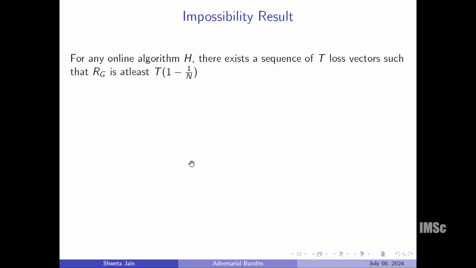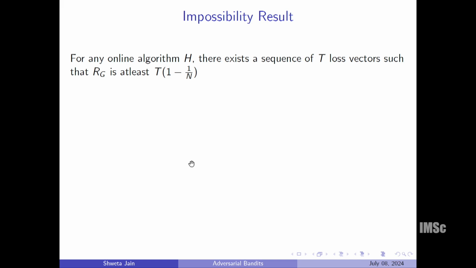Okay. Now, my first result says that even for a probabilistic algorithm, whatever you do, so what I am doing is I am coming up with the probabilistic online algorithm, and the algorithms which I am competing against are still deterministic. Okay, but they are very strong, that means with each time they may associate a different arm.